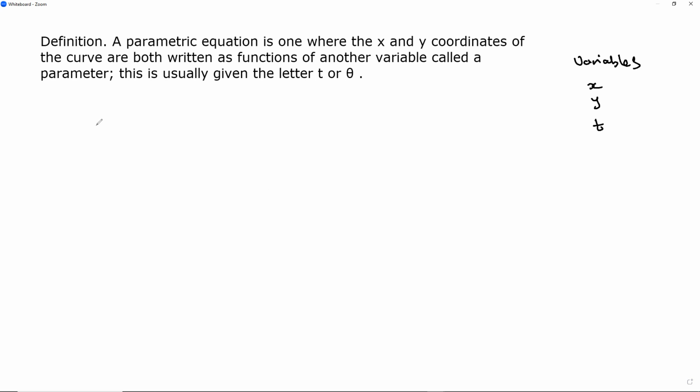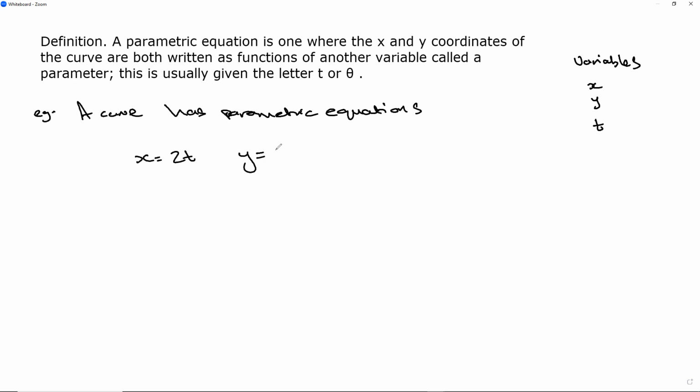Let's say we've got a curve that has parametric equations x equals 2t and y equals t squared. And we're given that t moves from negative 3 up till 3.